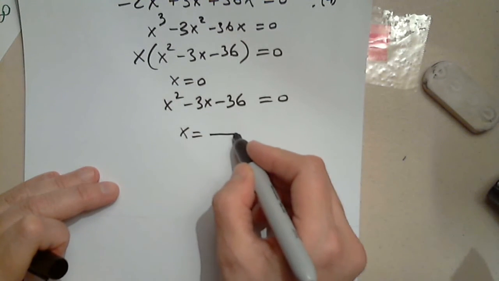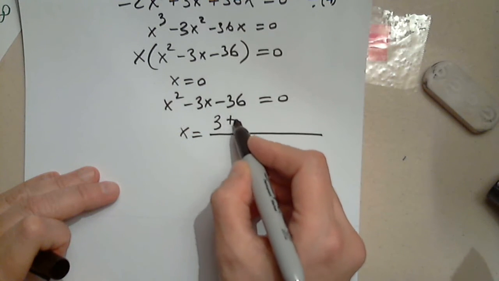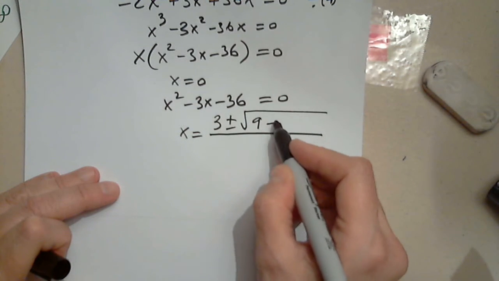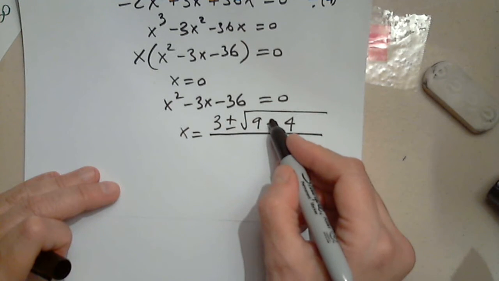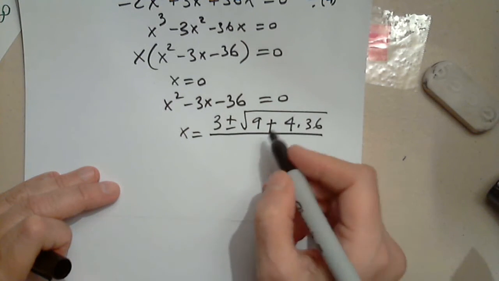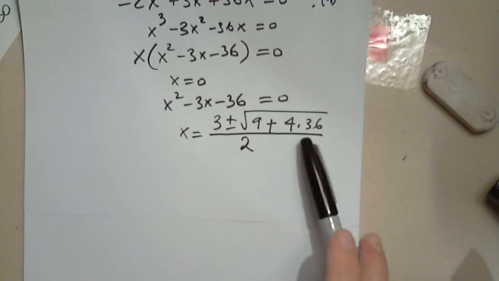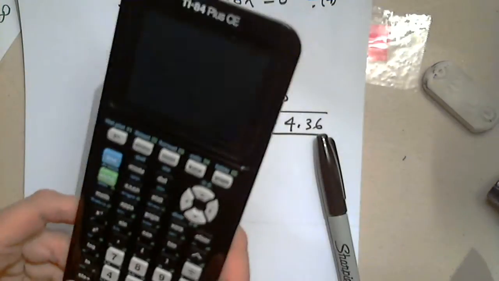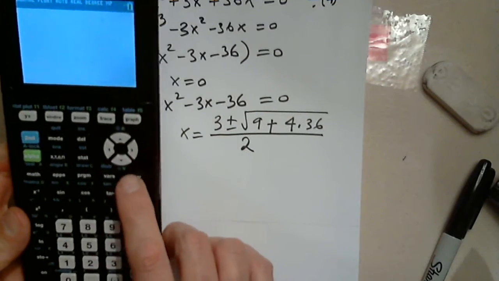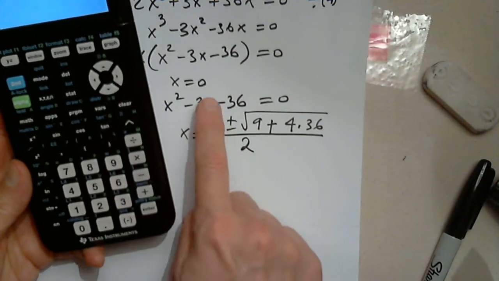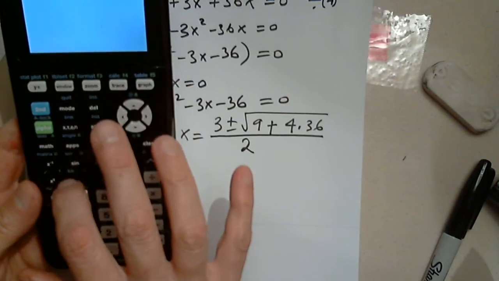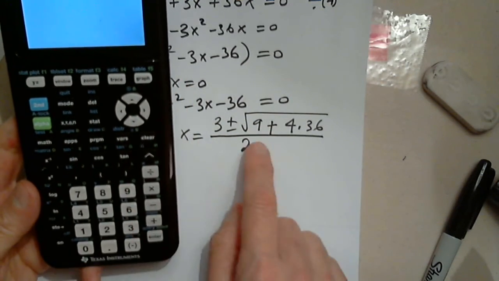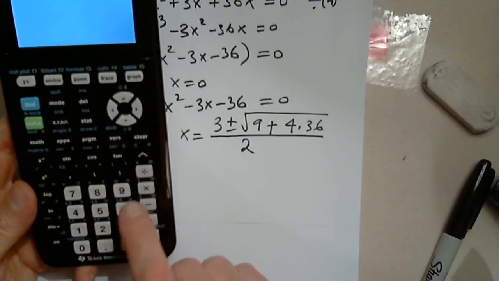Quadratic formula: negative b plus or minus the square root of b squared minus 4 times a, which is 1, times c, which is negative 36, over 2a. I'll put it in the graphing calculator. Parentheses for the top, remember the numerator: 3 plus the square root, in parentheses, 9 plus 4 times 36.